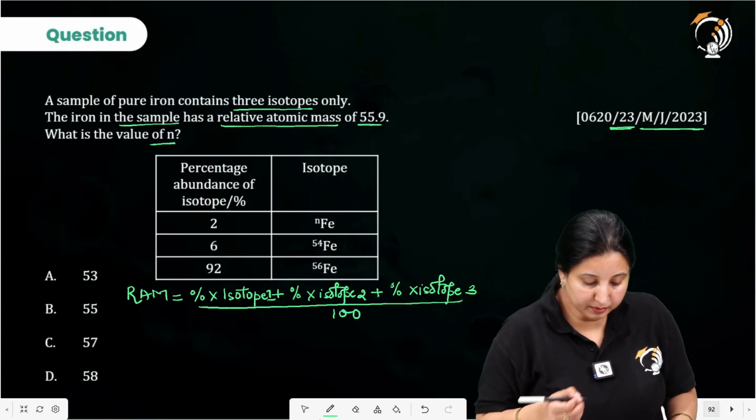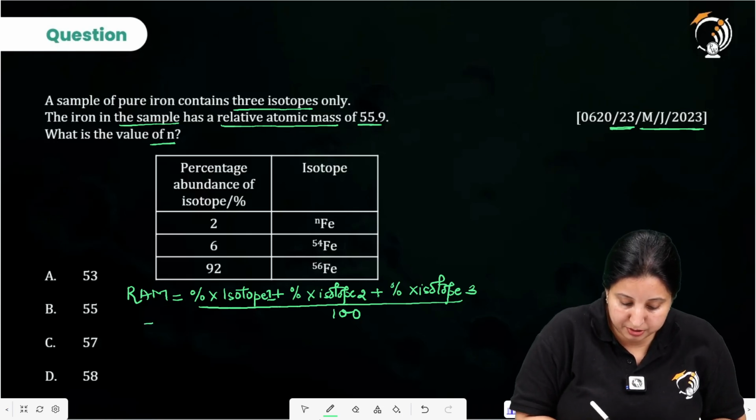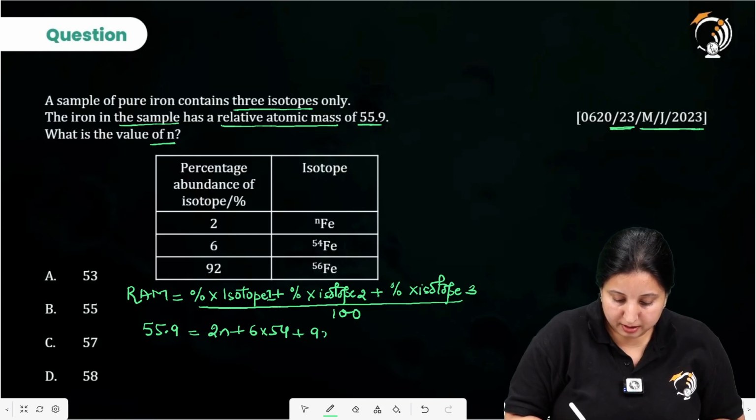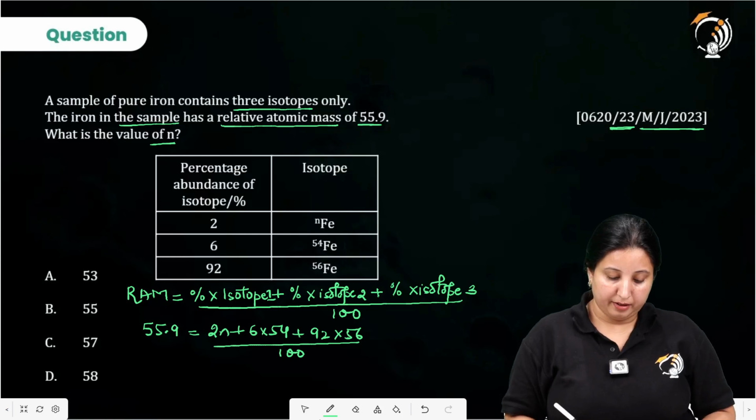So let's put the values. 55.9 equal to 2n 6 multiplied by 54 plus 92 multiplied by 56 divided by 100.